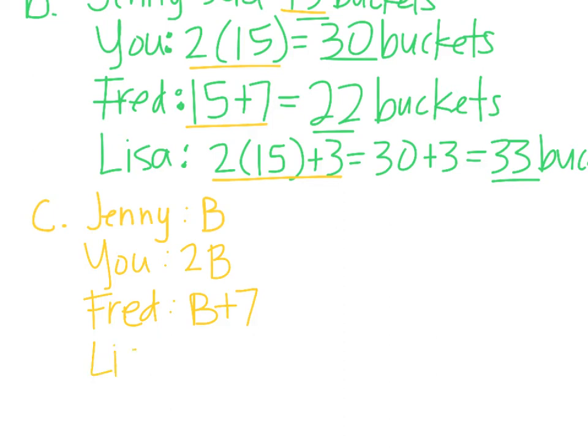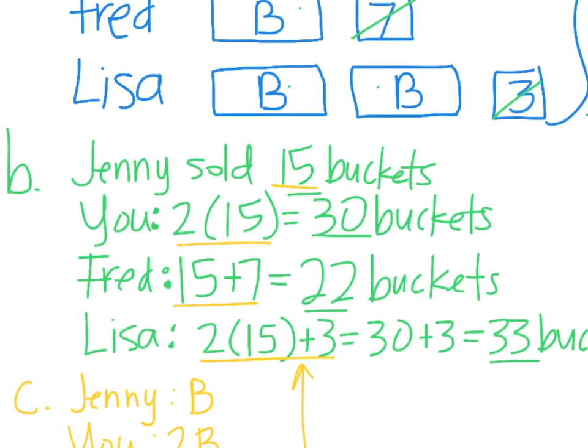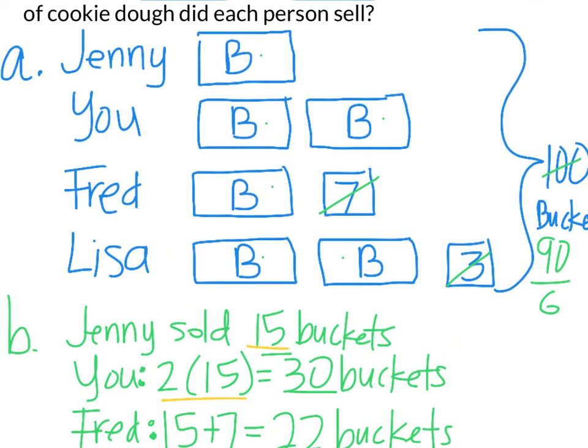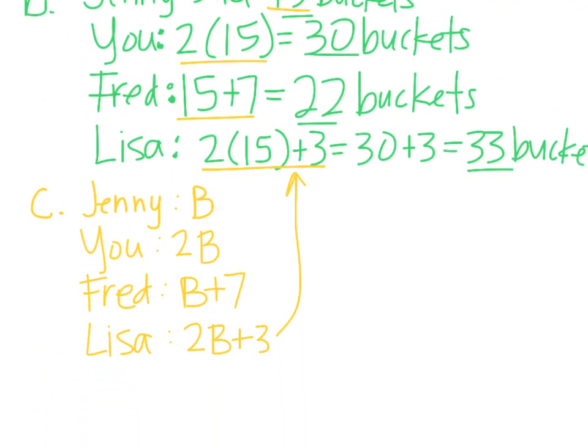And then Lisa is the 2B plus 3, and that really matches this. But again, if I go clear back up here, it's just taking the boxes away from this part and maybe putting a little plus in between there. Now part D wants us to write an equation.